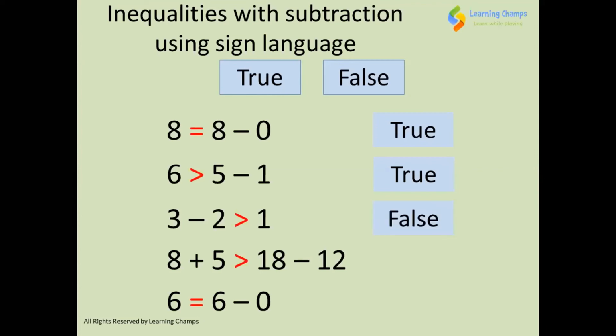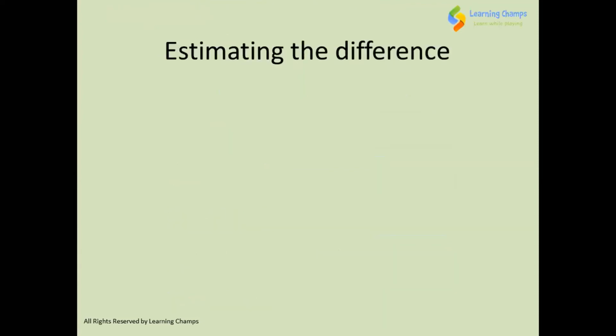Yes. False. Very good. What about the next one? True. 8 plus 5? True. 13. Very good. Other one, the last one? True.